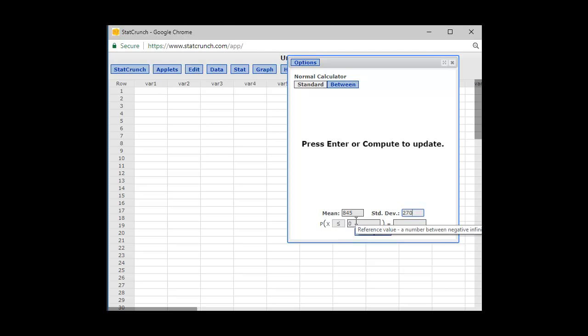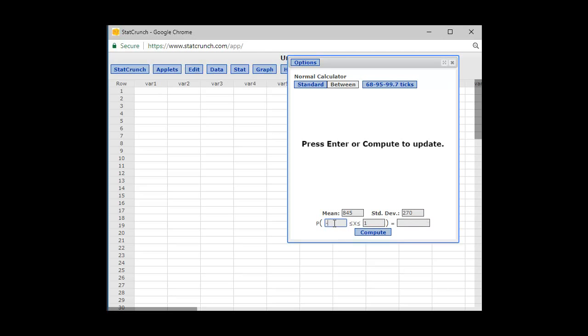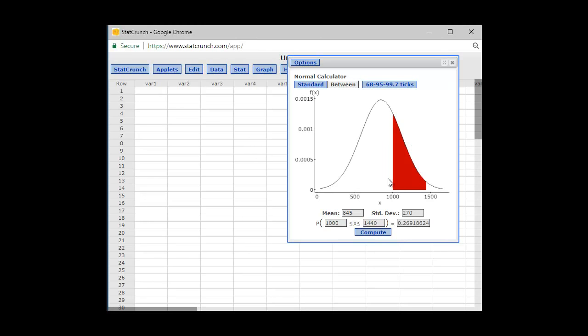Our first one, we're looking for a between, so I need to hit the between up here. I'm going to put our lower data value, 1,000, oops, not negative 1,000, 1,000 and 1,440. Hit compute, and it draws the picture for me, and that matches the picture that we had drawn.